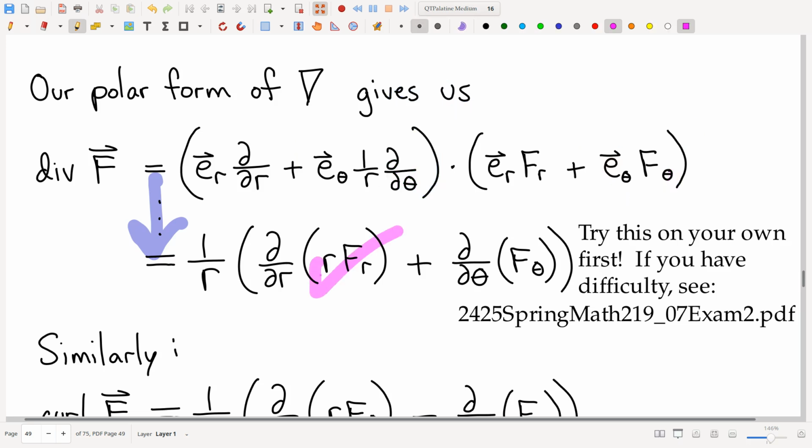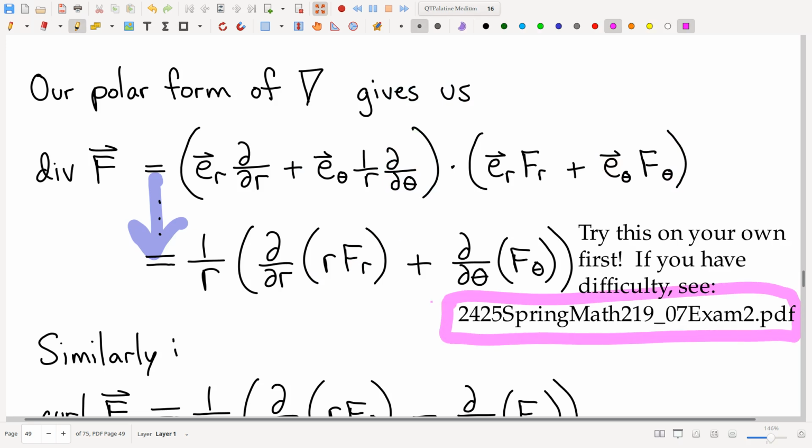Again, you'll get down to this. If you have any trouble, I actually made this a test question last semester. I had 2 sections. I had to do 2 different tests. It was a weird semester. But if you look at section 7, exam 2, I think it was one of the early questions. It might have been question 1. I don't remember.